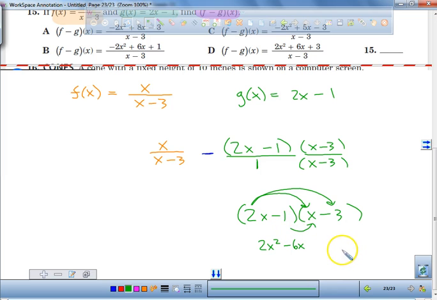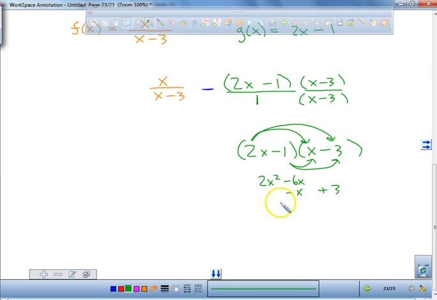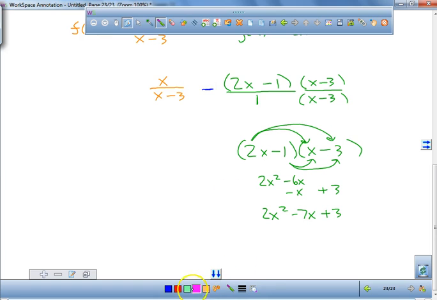Negative x. What's negative 1 times negative 3? Here we go, everybody. We've got a 2x squared, minus 7x, plus 3. That's what all of this equals.